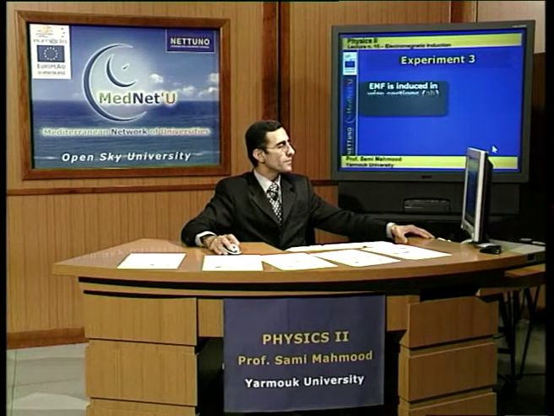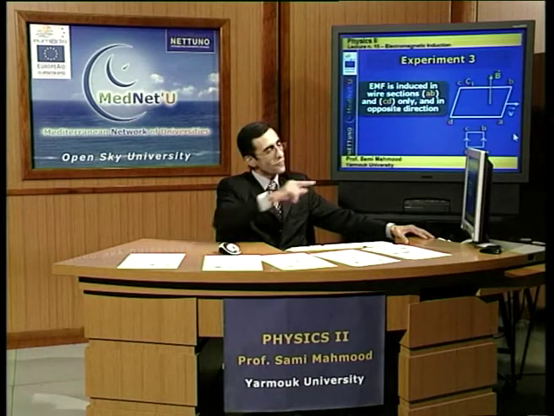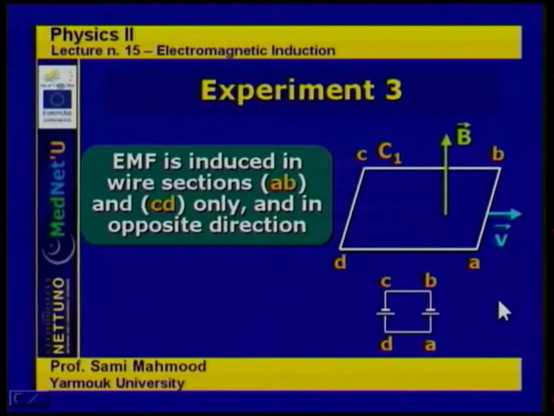And now experiment 3, in which the electromotive force is induced. If we assume this motion of the rigid circuit, the induced electromotive force appears in wires AB and CD only, because it is here where the velocity is perpendicular to B and produces a force in the third dimension.